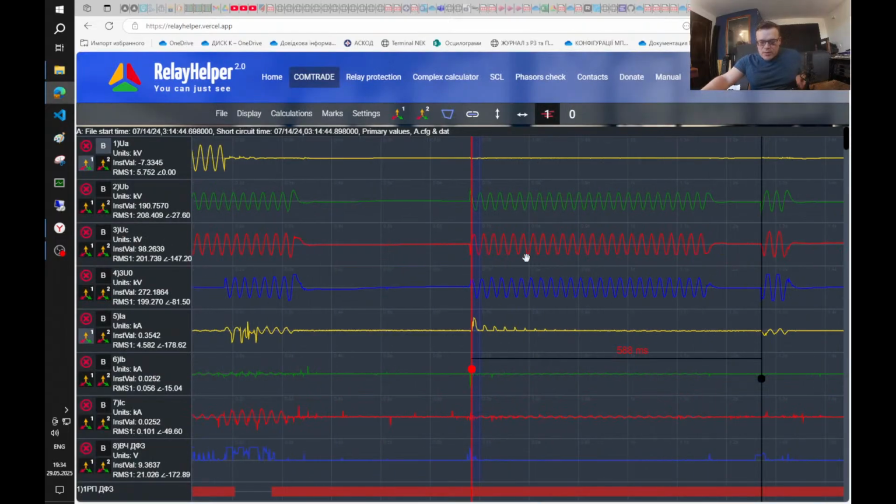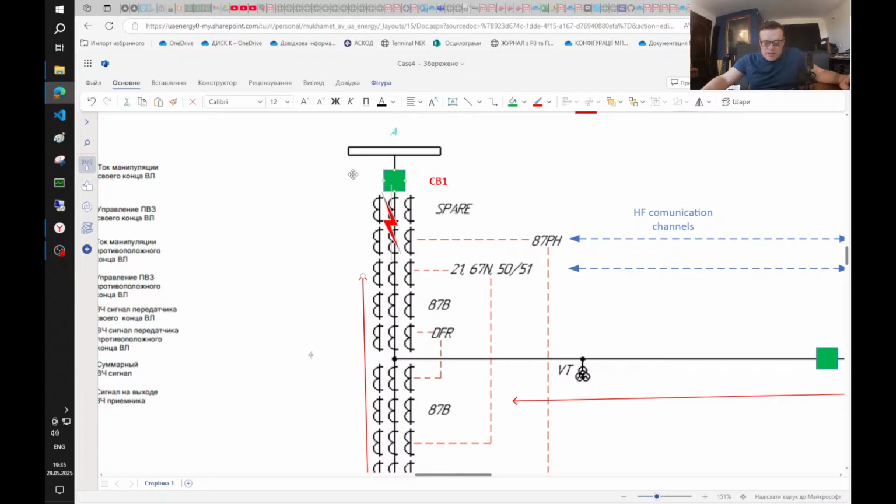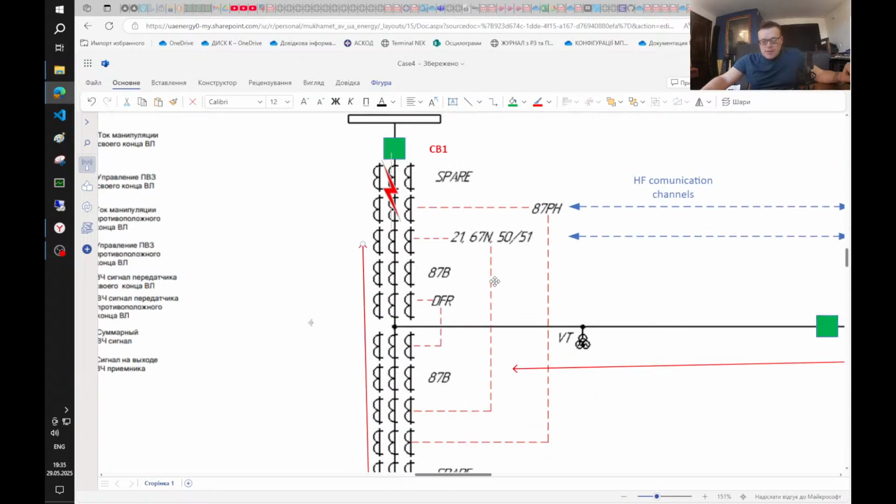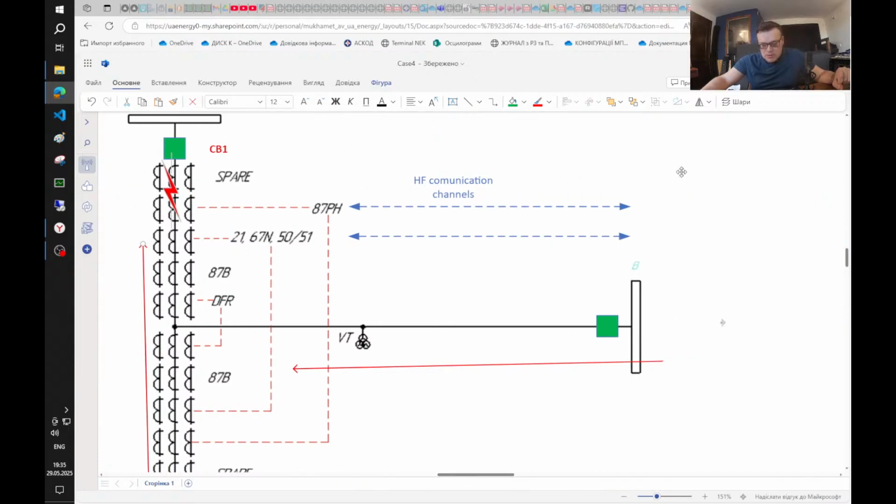So one more time, in this case, because for line protections it was behind the zone, this busbar protection worked and started breaker failure protection, and this breaker failure protection tripped this circuit breaker, and usually breaker failure protections send one of the protection commands to the opposite end, direct transfer trip with R inhibition.